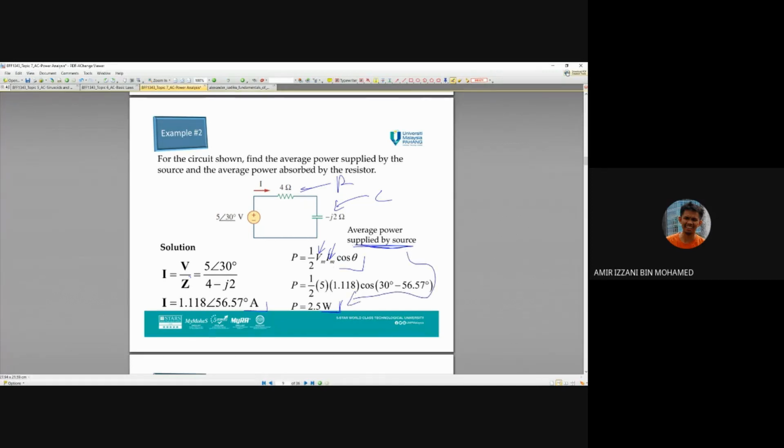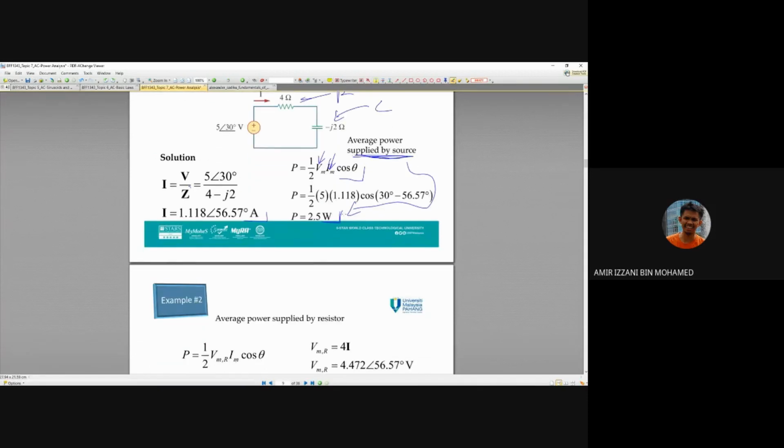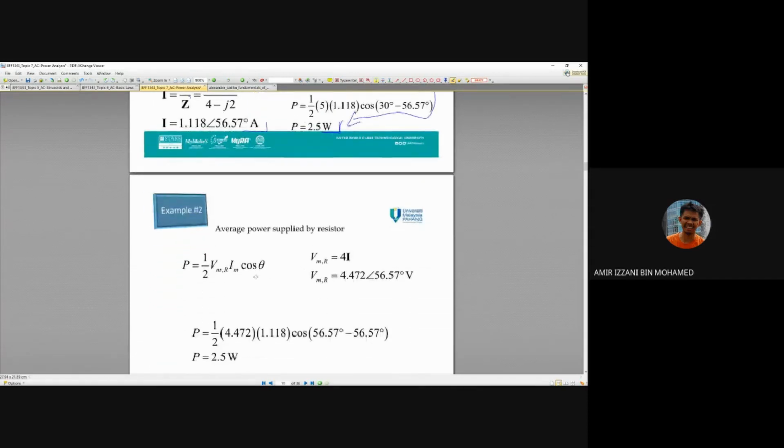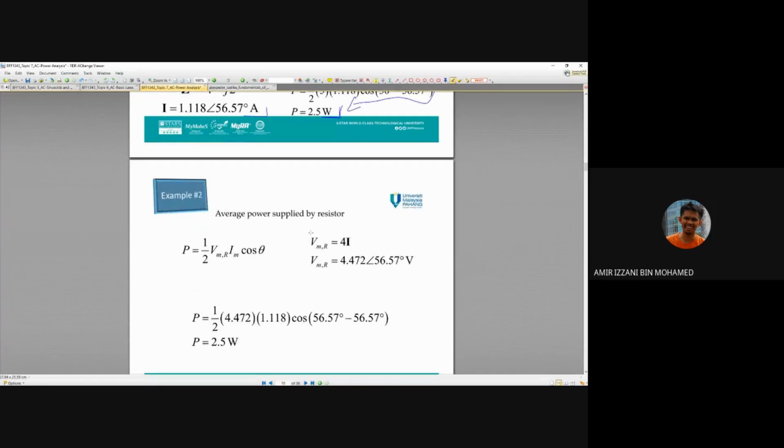Now we calculate the average power absorbed by the resistor. The maximum voltage at the resistor is 4 times I, where 4 is the resistance of the resistor and I is the current we calculated earlier.